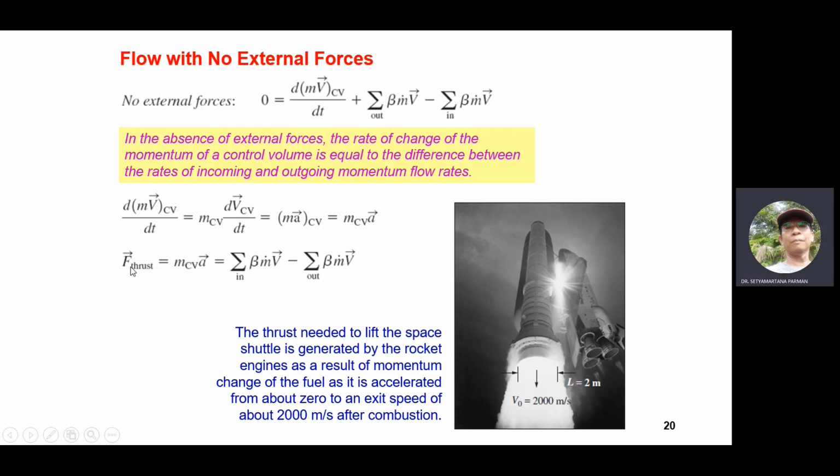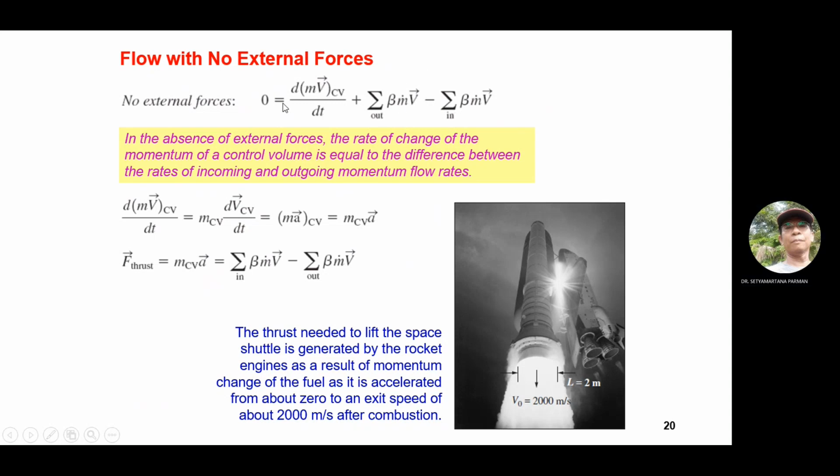Here F thrust will equal M control volume multiplied by the acceleration, and that is equal to this value.